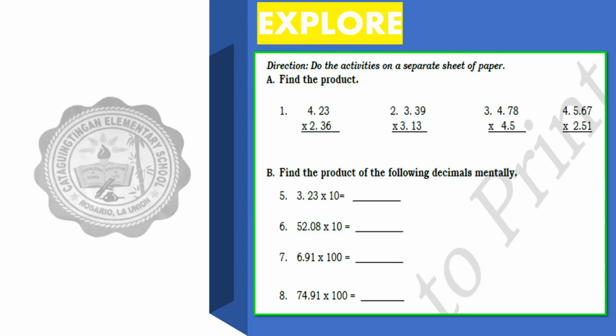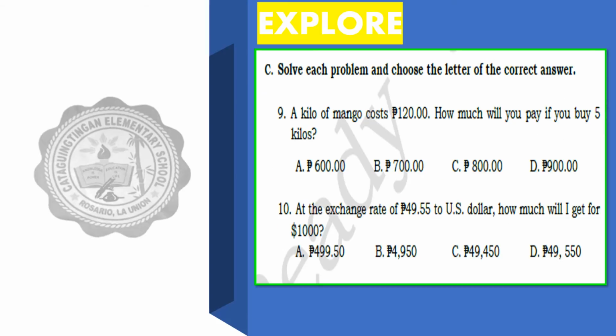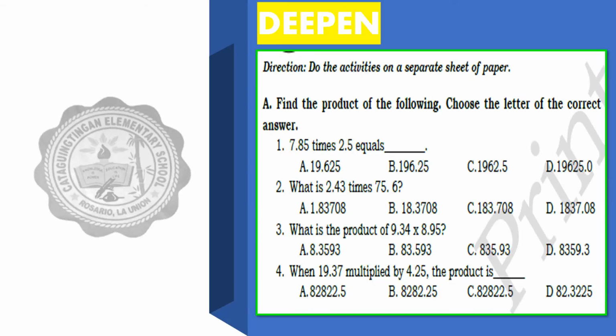Explore. Do the activities on a separate sheet of paper. Letter A, find the product. So, you will just solve this. Then, letter B, find the product of the following decimals mentally. Letter C, solve each problem and choose the letter of the correct answer. On your answer sheet, for 9 and 10, just write the letter. Deepen. Do the activities on a separate sheet of paper. Letter A, find the product of the following.